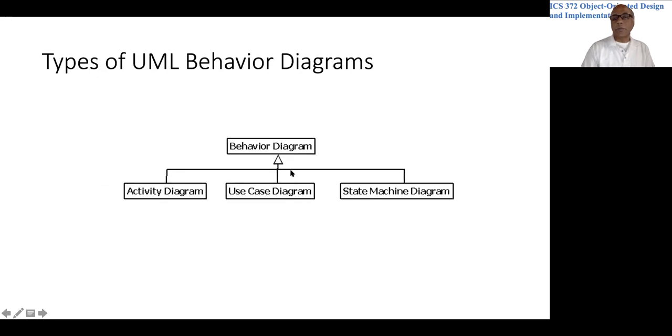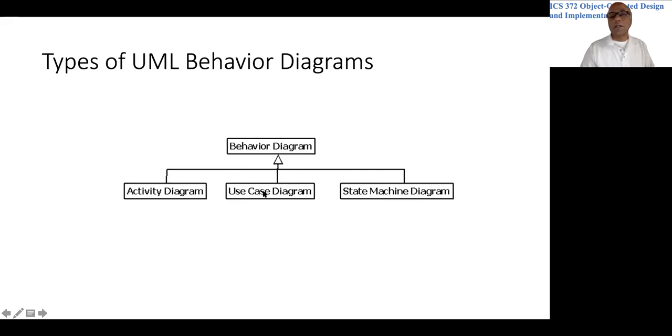Then there are behavior diagrams, how the system behaves as a business process. So there are two behavior diagrams that we will be focusing on this semester. One is the use case diagram, and the other one is the state machine diagram.